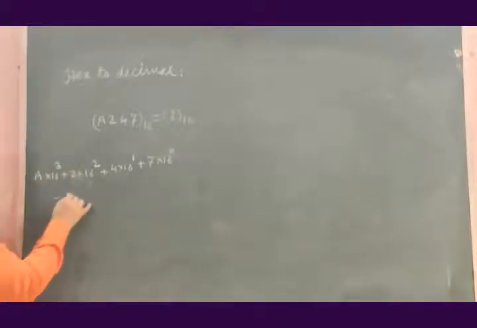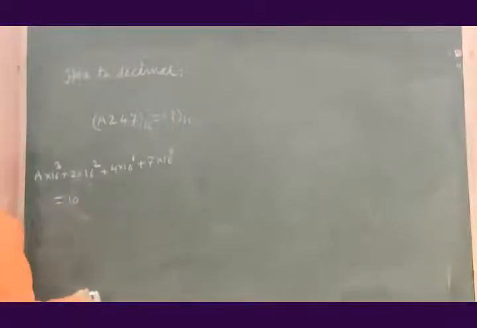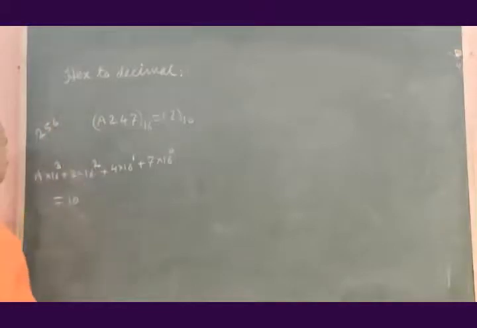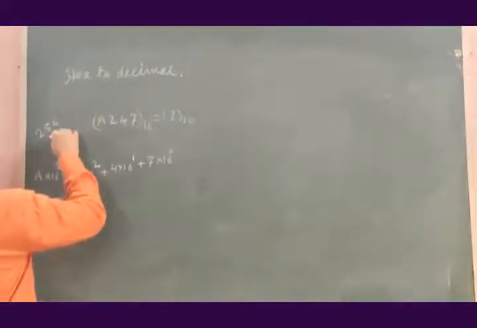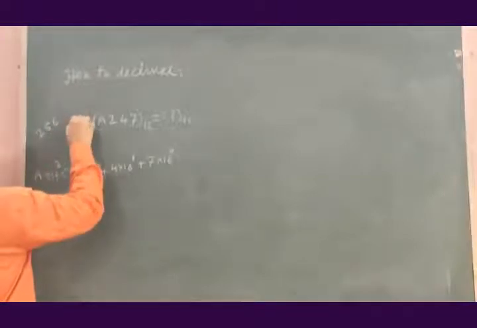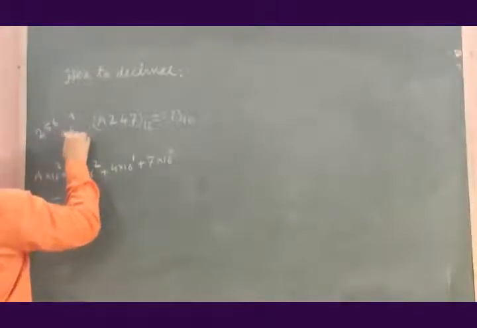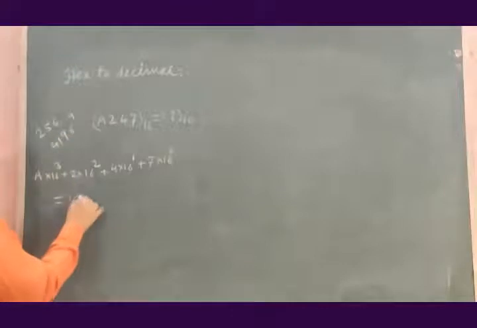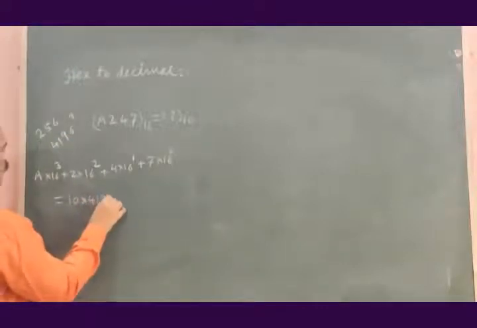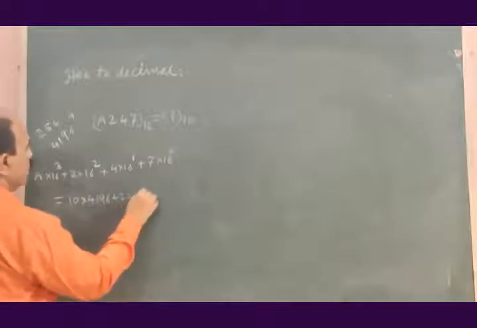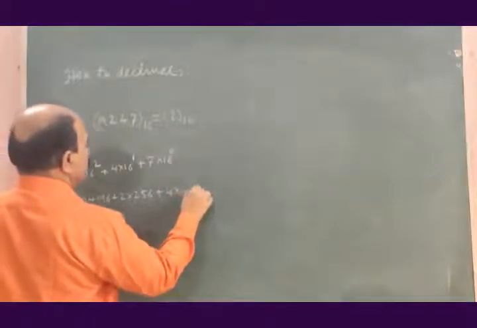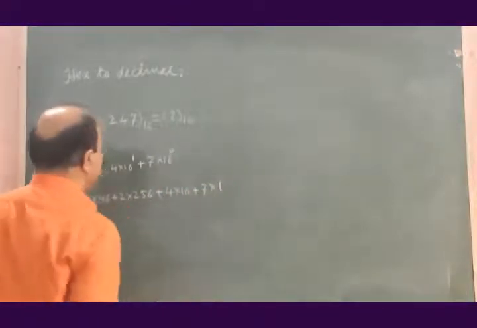This is equal to, A is 10, and 16 to the power 3 is, square of 16 is 256 and its cube is 4096, plus 2 into 256 plus 4 into 16 plus 7 into 1.